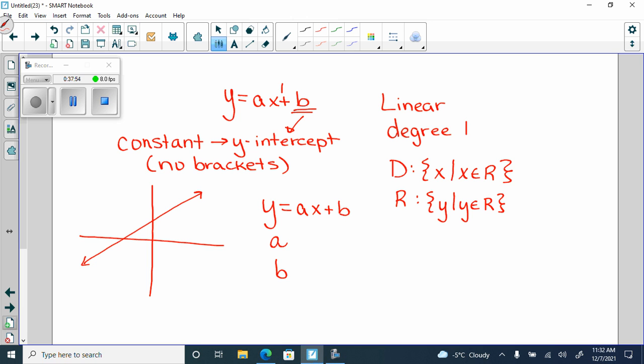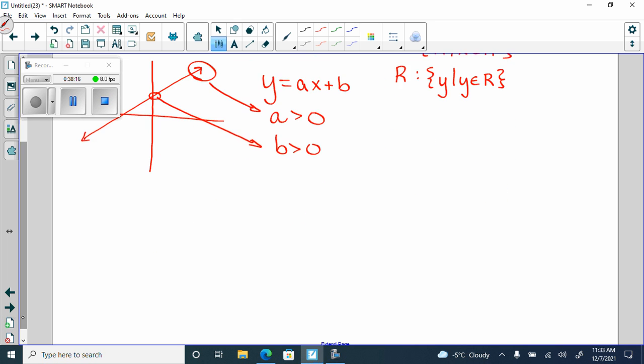They're both positive. Why? Because it ends on the right, and it's a positive y-intercept. Positive y-intercept tells me that b is greater than 0. And because it ends up on the right, whether it's degree 1, degree 2, or degree 3, it doesn't matter, if it ends up on the right, my a is greater than 0. We agree?